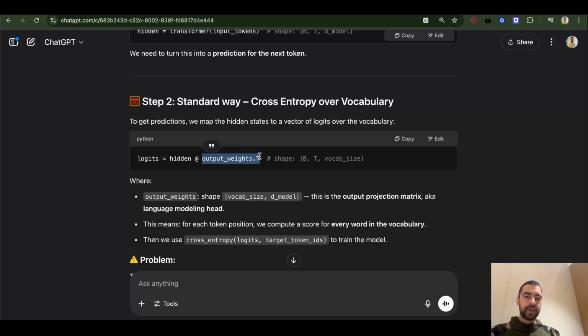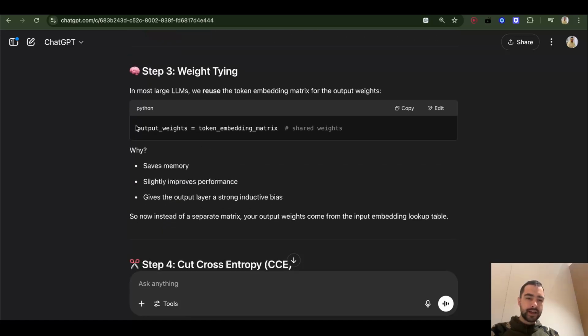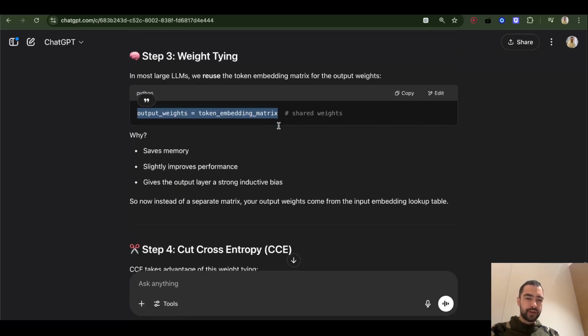So in the end, you multiply the hidden state embedding produced by the transformer with this entire matrix of token embeddings. You can ask ChatGPT if you have any sub-questions about weight tying.